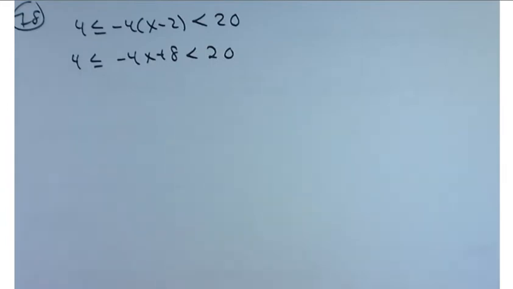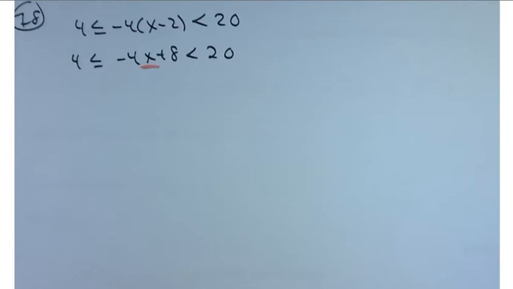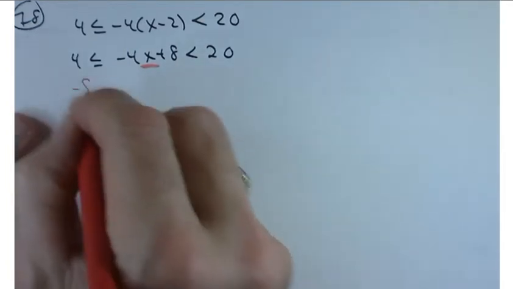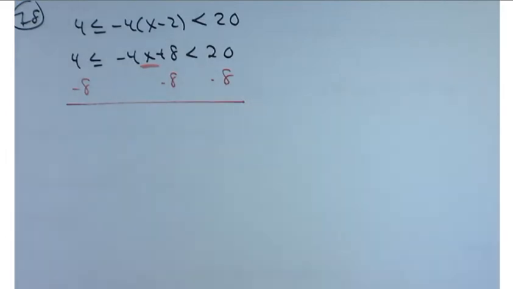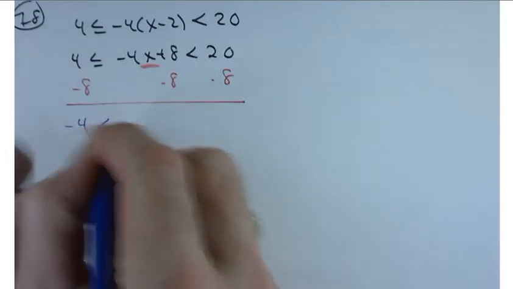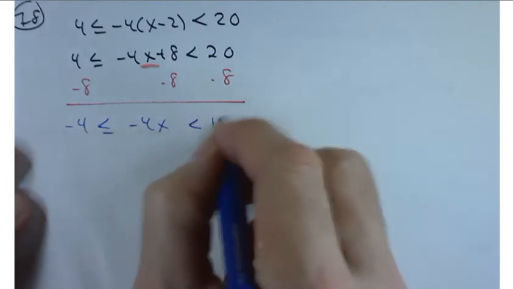Our goal is to get this x by itself. Yes, perfect. So subtract 8 from all three parts of the inequality. That'll give me negative 4 is less than or equal to negative 4x is less than 12.